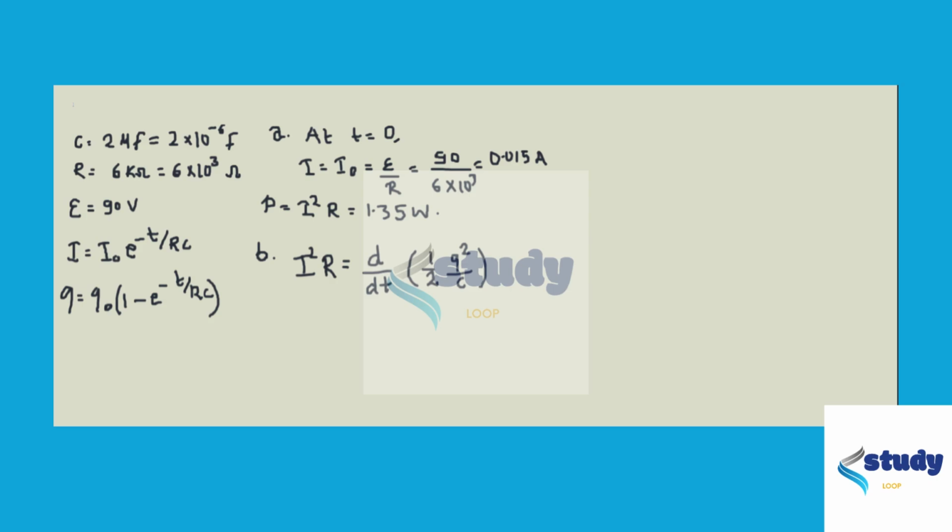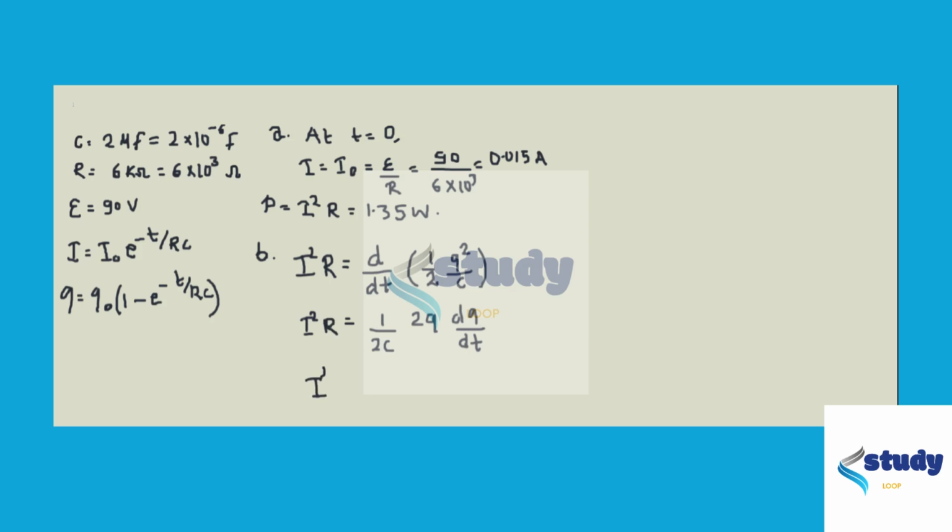Okay, now if you differentiate this, 1 by 2C is constant, so I take this out, then the derivative of q squared is 2q, and we are left with dq by dt, right?